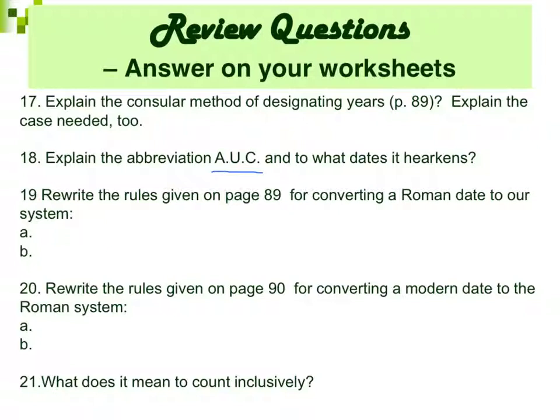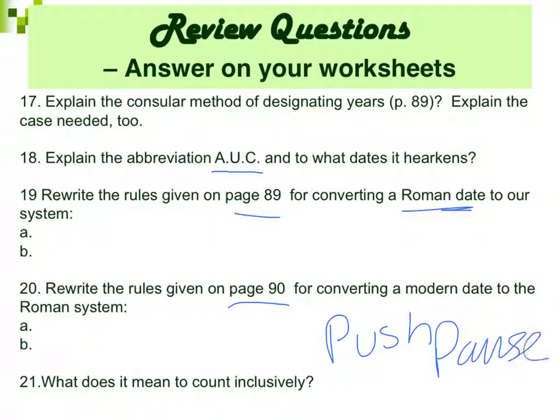That's a legend, too. 19, rewrite the rules given on page 89 for converting a Roman date into our system of BC or AD. Number 20, rewrite the rules given on page 90 for converting a modern date to the Roman system. And number 21, what does it mean to count inclusively? Please push pause and answer these questions.